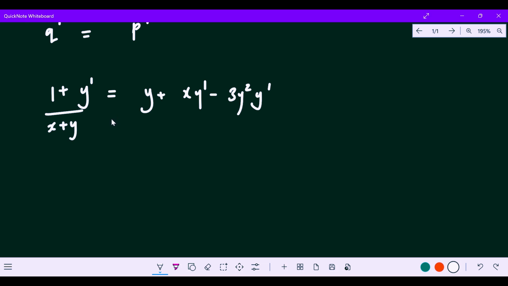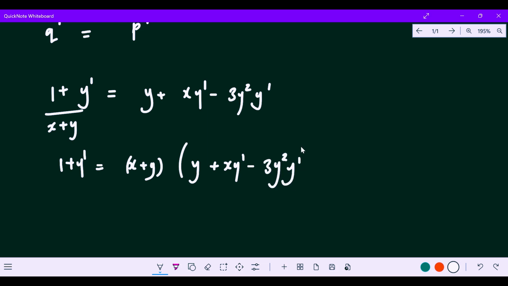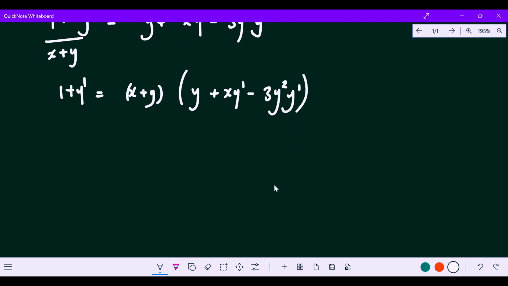So I'm going to do cross multiplication here. So 1 plus y prime is equal to, I'll multiply x plus y by the other side of the equation, y plus xy prime minus 3y squared y prime. So let's distribute. Remember, we're trying to solve for y prime.